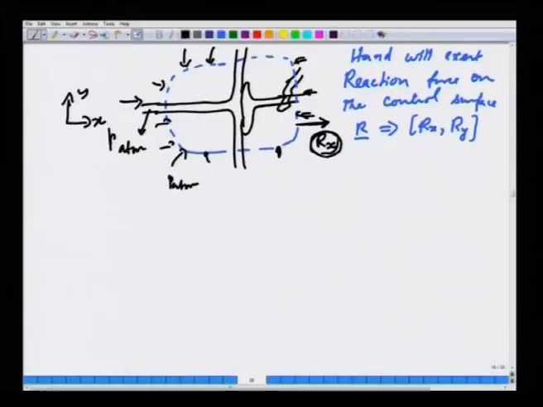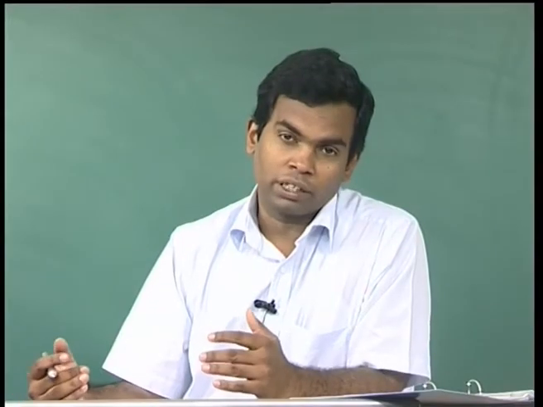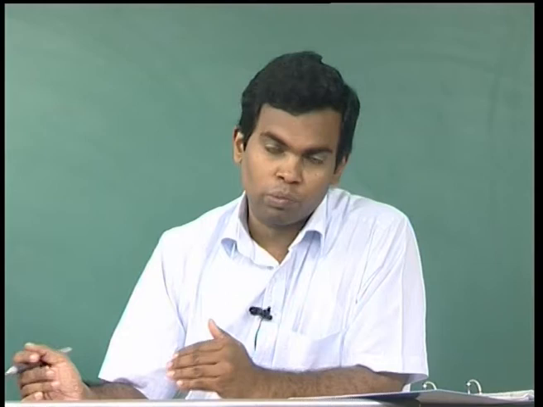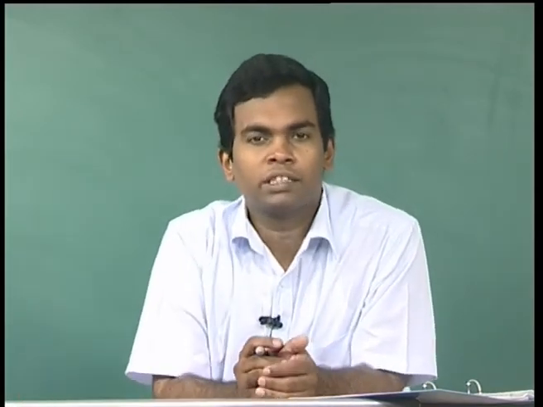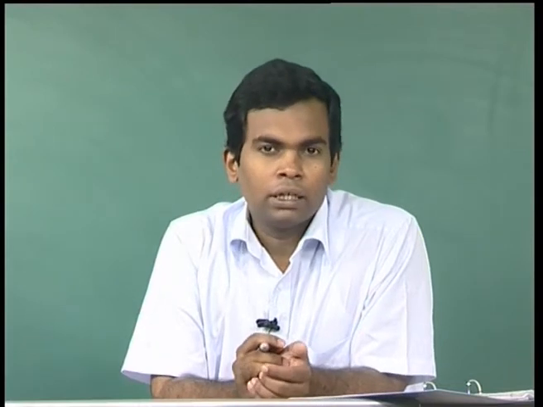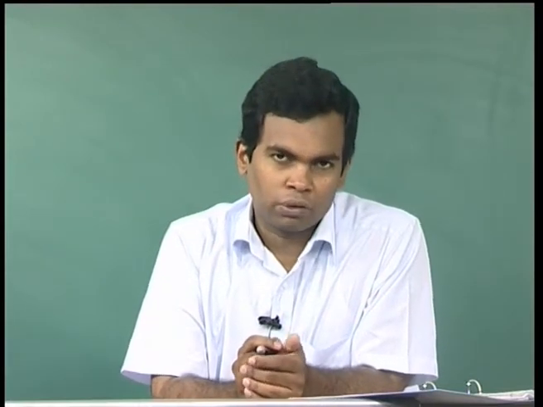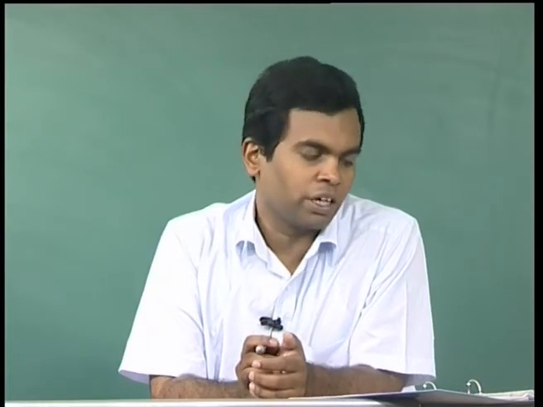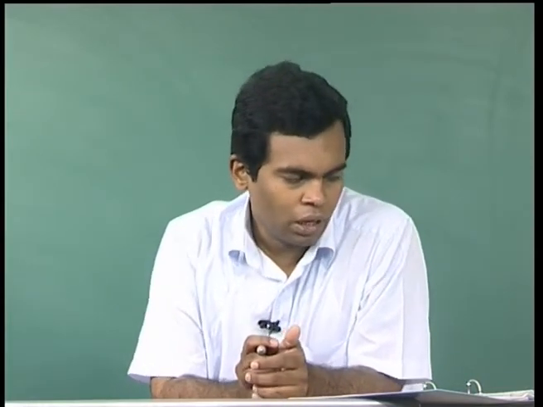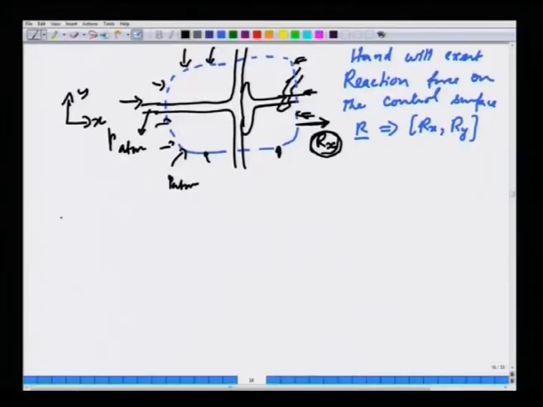Right now, let us just keep R x as the component along the x direction. Whether it is acting in the direction of x or minus x will come out of the problem. That is, all I am saying is that R x is an algebraic quantity, it has a sign and it will come out naturally from our calculation, and it will agree with the physically expected result also, as we will see shortly.